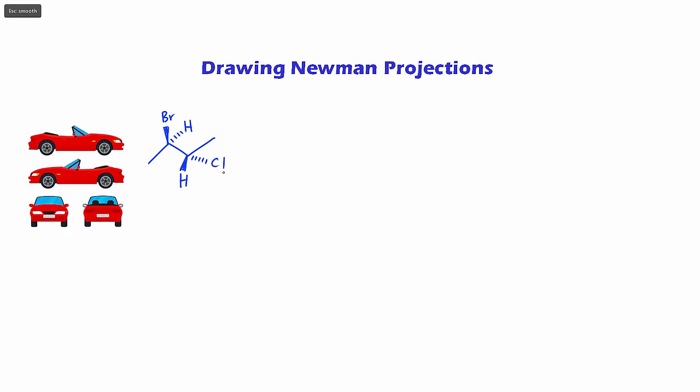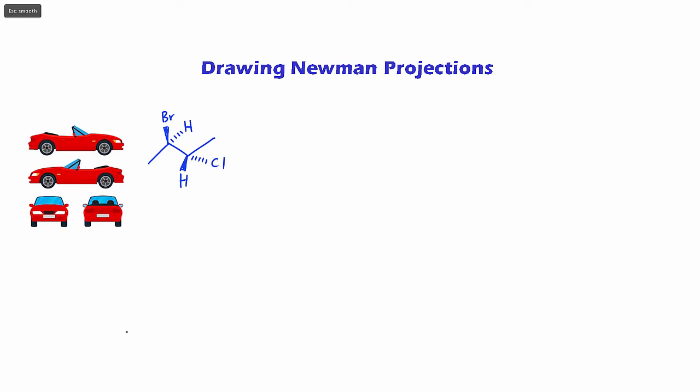So when we look at this molecule as it is now, we're essentially looking at it like we're looking at the side of a car. If you're standing on the sidewalk and a car passes by you, you would see the side of this car.